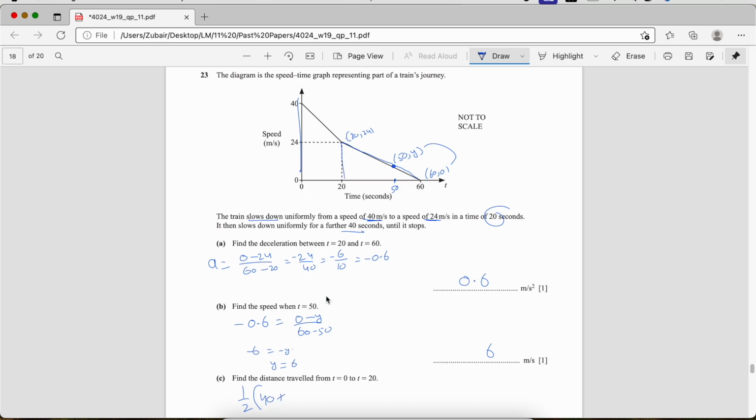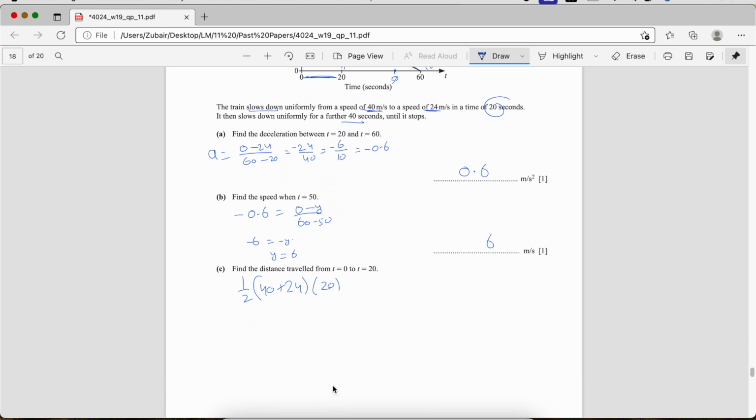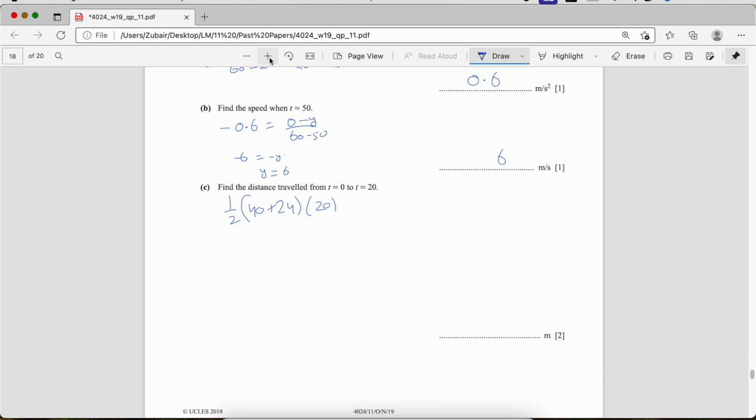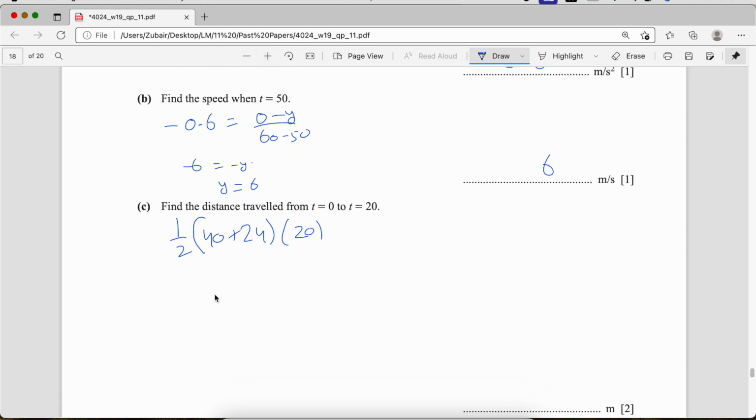The other side is 24, and the distance between parallel lines is called height. So 1 by 2 sum of parallel sides into height. This is 2 1 times, 2 10 times, and adding these two is 4 and 6 times 10 gives me 640 meters.